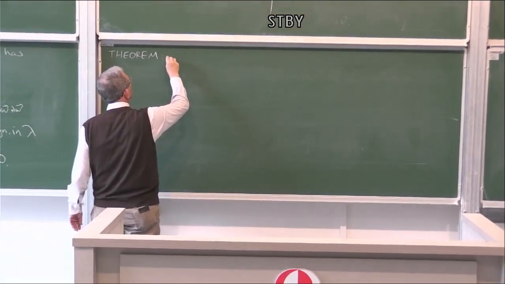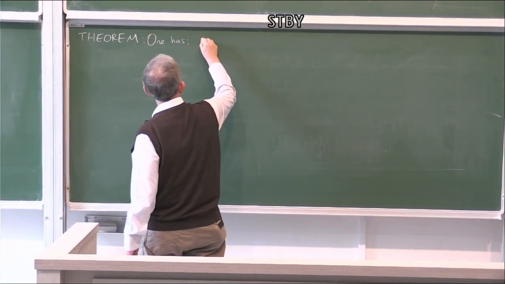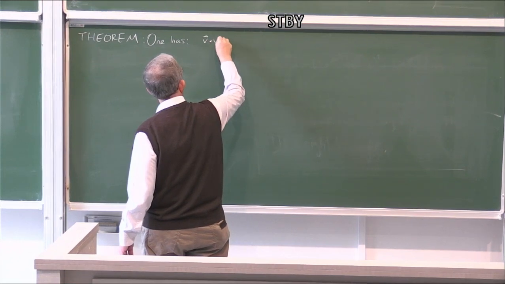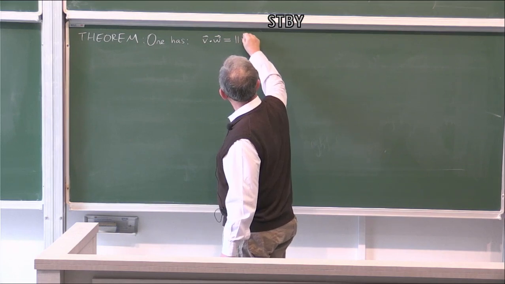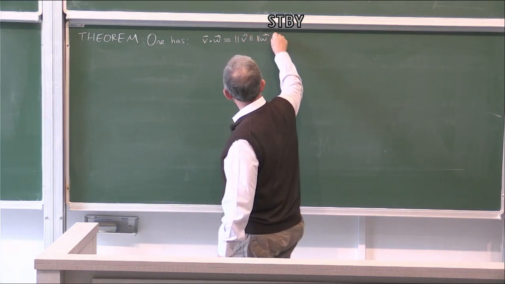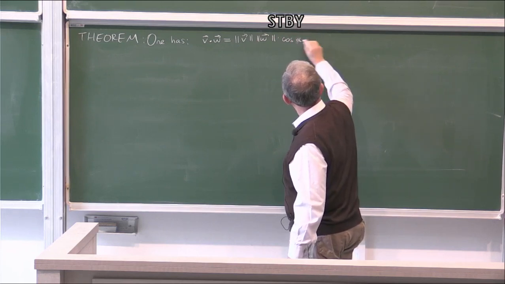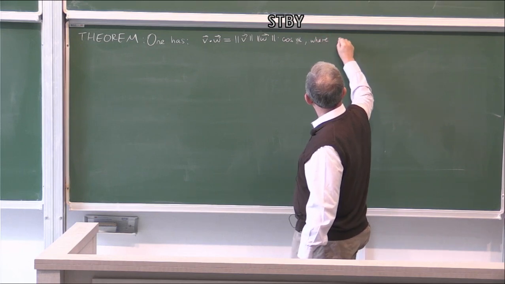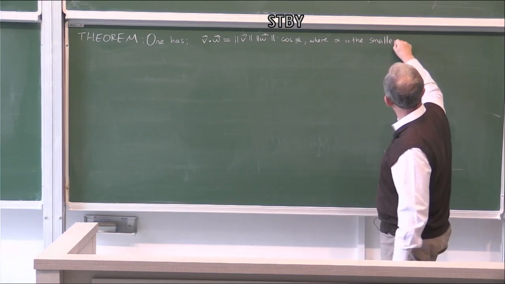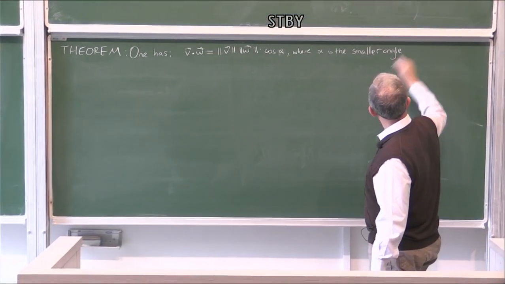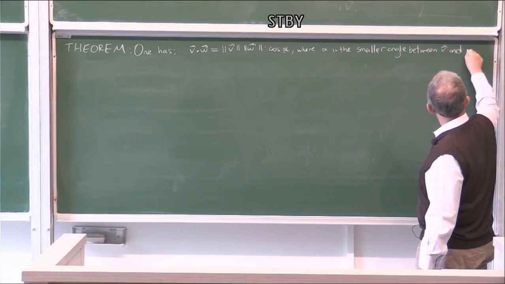One has that the inner product of V and W is the length of V, the length of W times cosine of alpha, where alpha is the smaller angle between V and W.